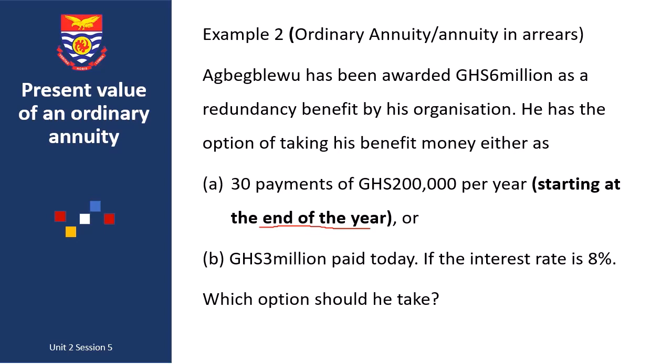First of all, to be able to compare the future value to the present value, you have to convert all the 30 payments occurring at the end of the year to their present or today's value, so that we have an equal basis for comparison. Then we can choose which one is worth going for. So we go for the one with the higher positive figure. Let's see how we go about it.